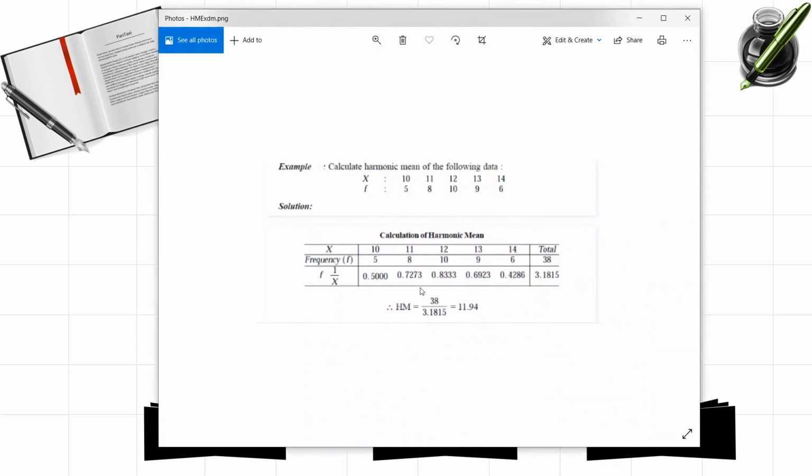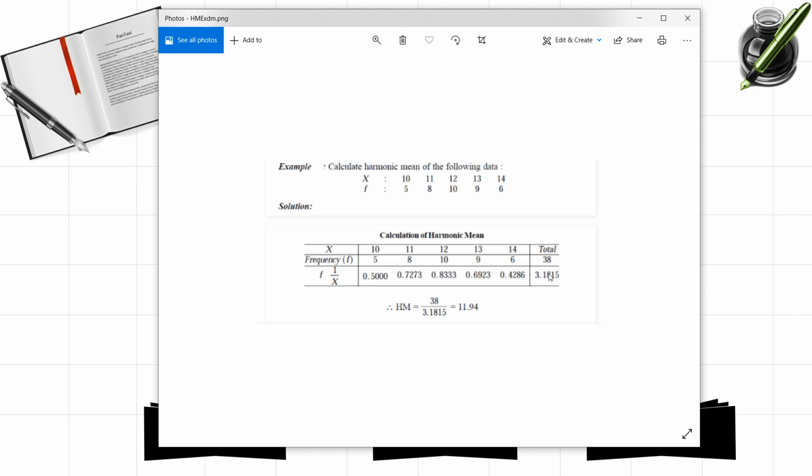Now let us see one example for discrete series. Here is the discrete data given to you. Just as before, first of all, find the ratio of frequencies to the observations here. Before, we found the reciprocals directly for the given observations. Here we have to find the ratio of frequencies to the given observations. That is, f by x you are supposed to find and then do the total of that. The frequencies total also you have to do.